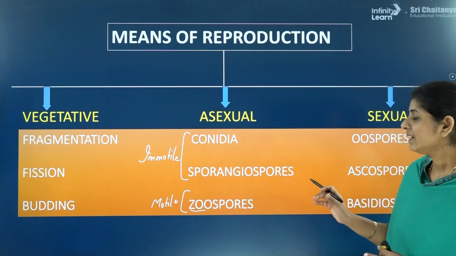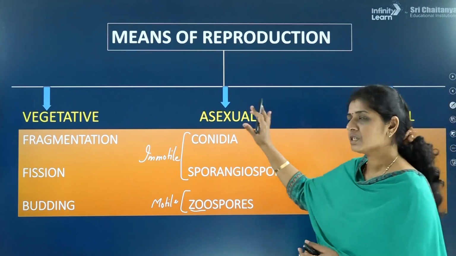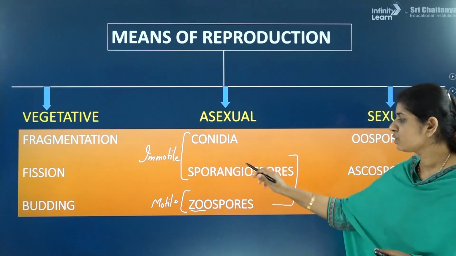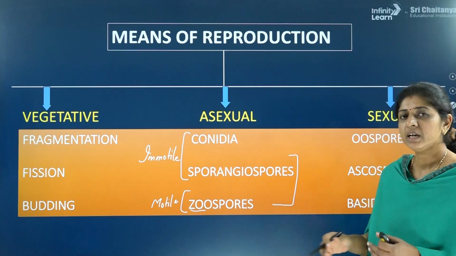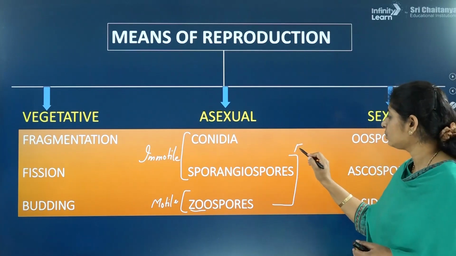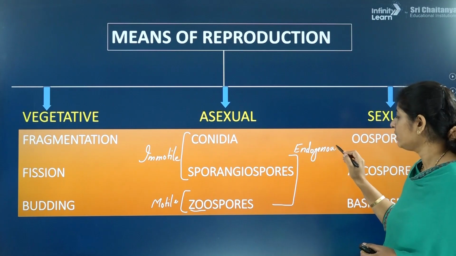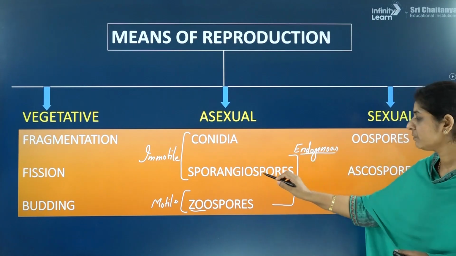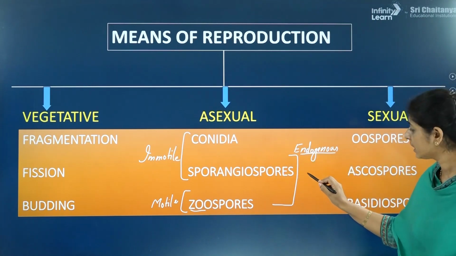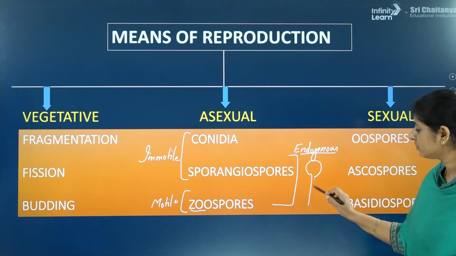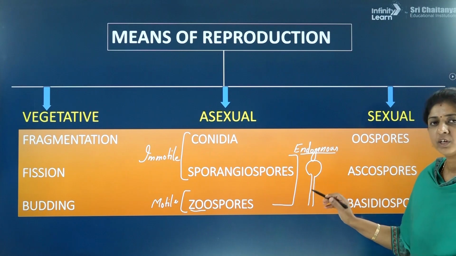The next important point on the same asexual type: sporangiospore and zoospore, their origin is endogenous. Endogenous means it is enclosed by a sporangium. Suppose I am saying sporangiospore, it is enclosed inside a covering which is an extension from the sporangiophore.